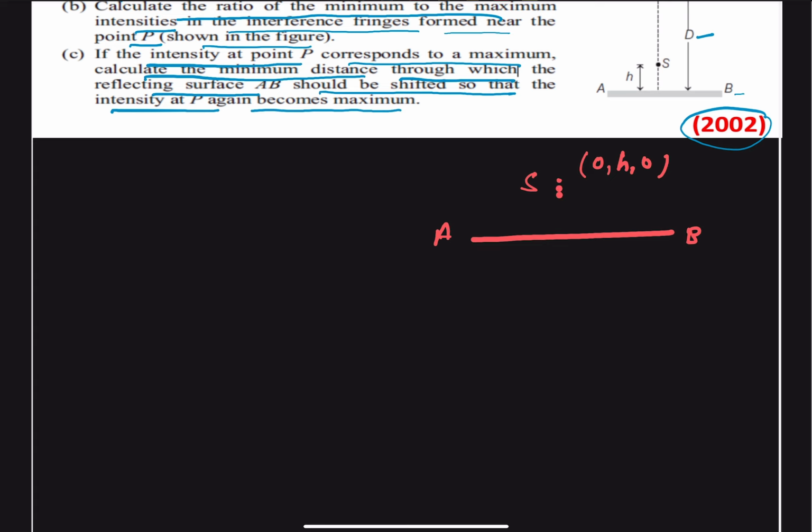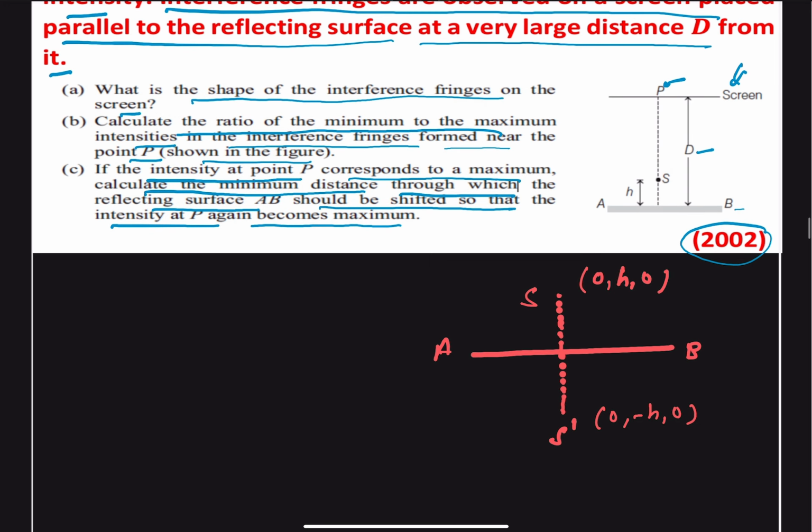And the virtual image, let us call that S prime, and its coordinate will be 0, minus h and 0. And the point P, which is just behind the S, and its distance is d.